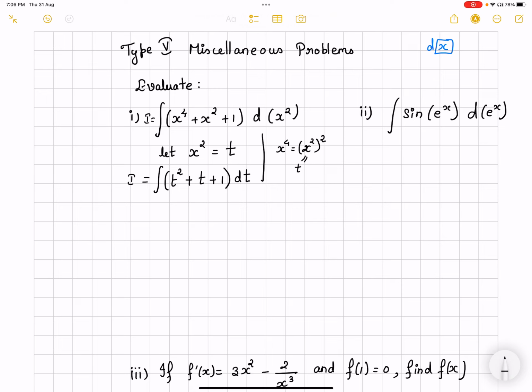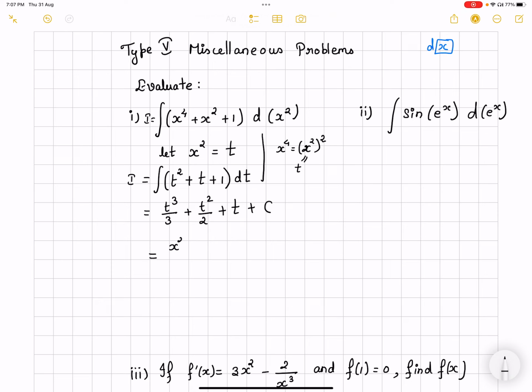Now we will go ahead and integrate it. Let me assume it as I. Now you are integrating with respect to t. Then it would be t cube divided by 3 plus t square divided by 2 plus t plus c. But the problem is not over here. We need to do the changes. Now, what is our t?